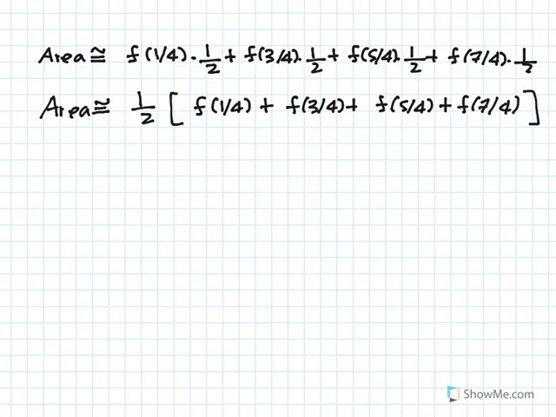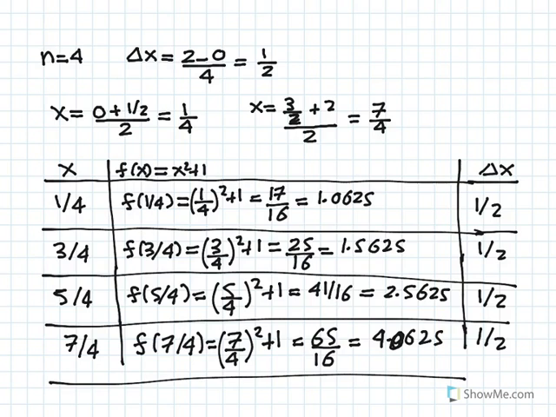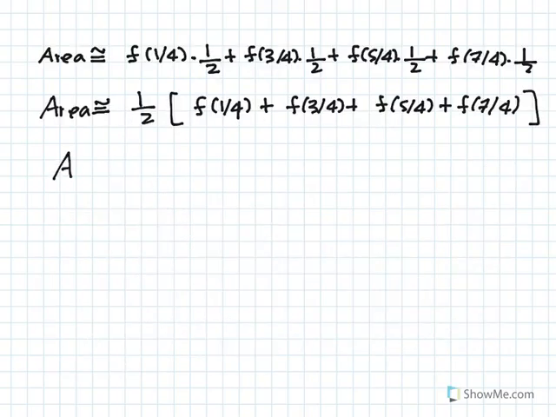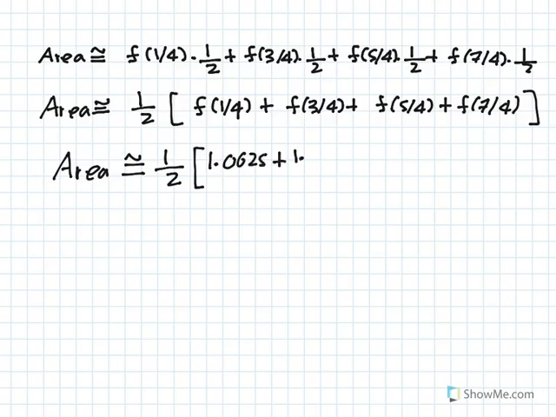But these functional values have all been calculated in the previous page. On page 2, you will see that we calculated all those functional values. So let's just plug those in. The area is approximately equal to 1/2 times f of 1/4, that's 1.0625, plus f of 3/4, that was found to be 1.5625, plus f of 5/4, that is 2.5625, plus f of 7/4, that's 4.0625.